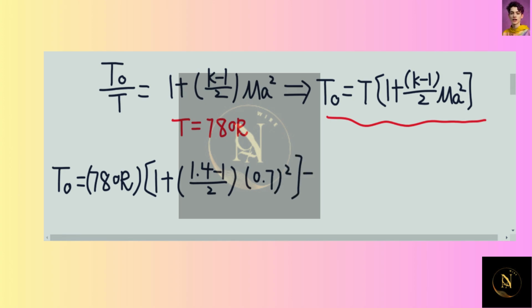And this will give us the stagnation temperature is about 856 Rankine.